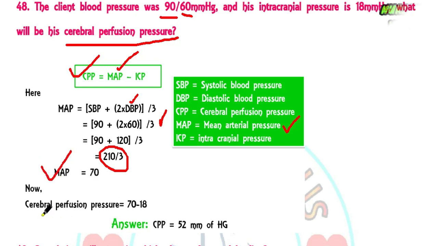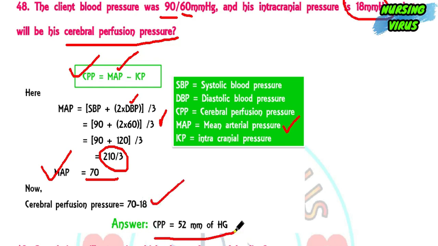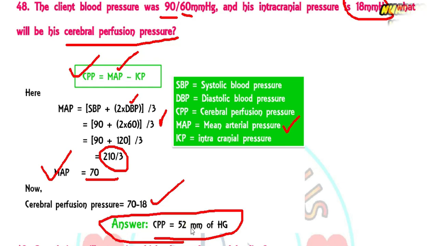Again, for calculating the cerebral perfusion pressure, we need to subtract the intracranial pressure.